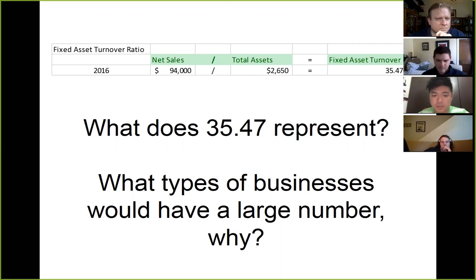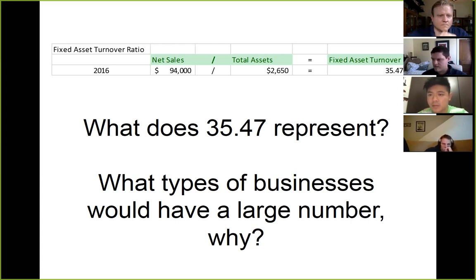Can someone tell me maybe an idea of businesses that have very large numbers? Think of places that do a lot of revenue but don't have a lot of fixed assets to generate that, like law firms, consulting agencies, things like that, where they're not generating revenue based on the buildings and things they have.